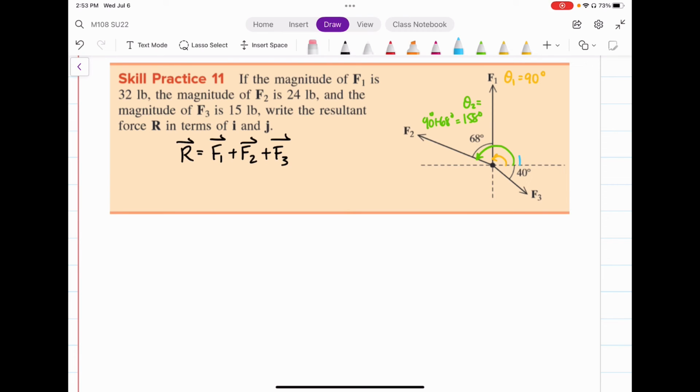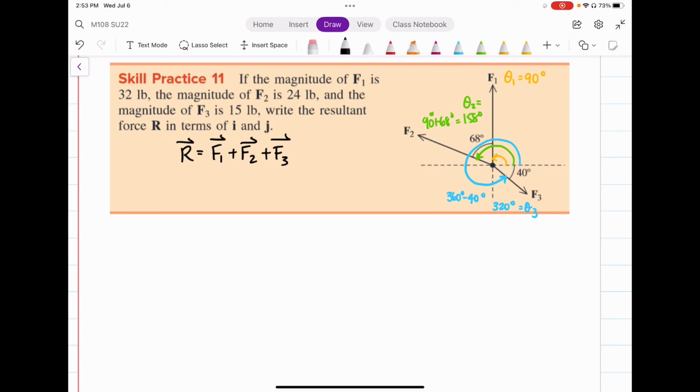The third angle is 360 shy 40 degrees. So if I took 40 degrees away from 360 degrees, I would get 320 degrees, that is theta 3.